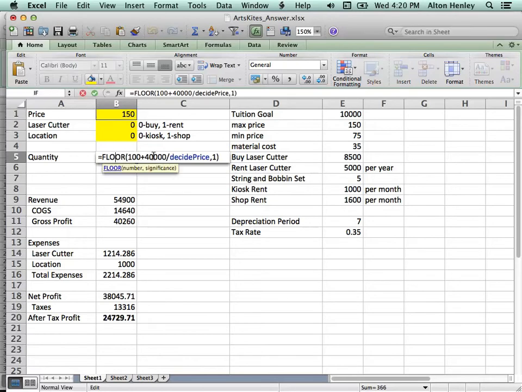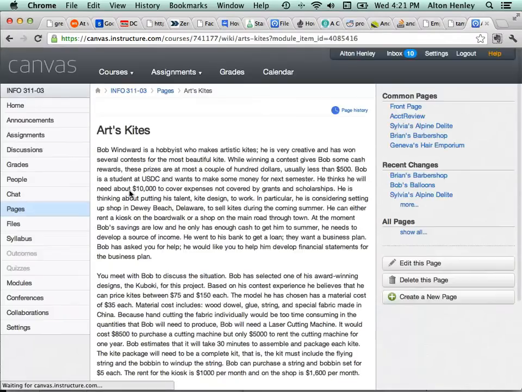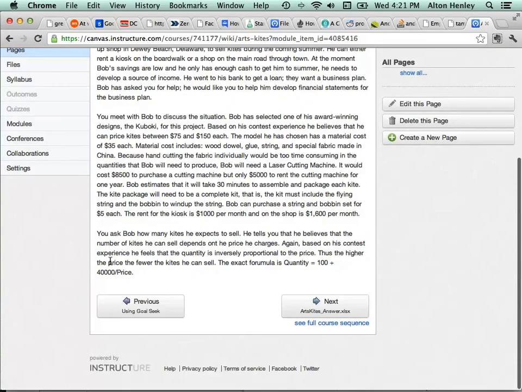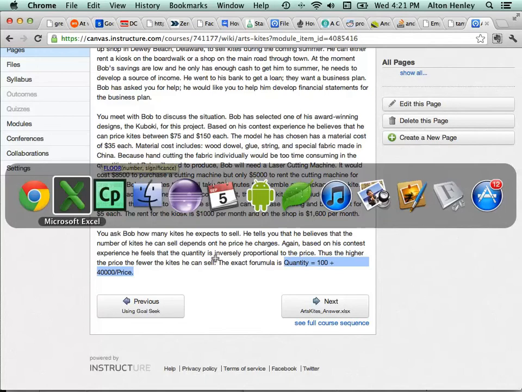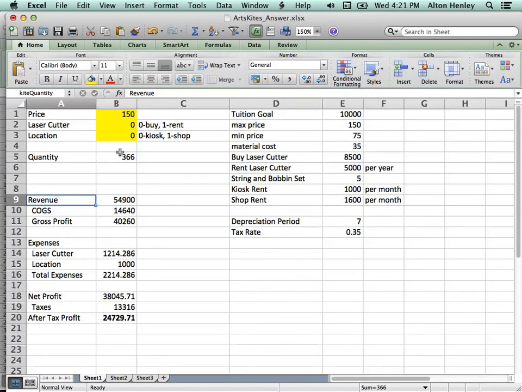The quantity was driven by the price. I believe the equation given at the end of the case was 100 plus 40,000 divided by price. That was the last line of the case. And I just put it in the floor command in order to make it neat, but you can look at the Arts Kites walkthrough to get an understanding of that.